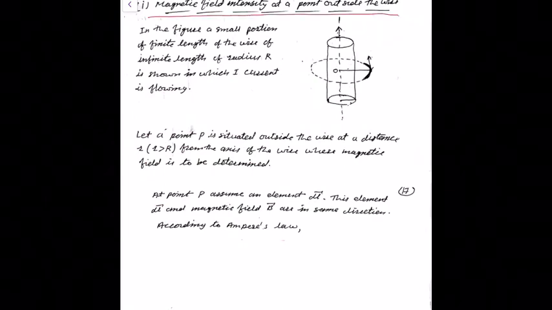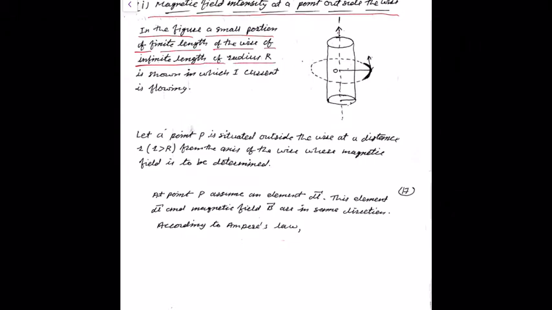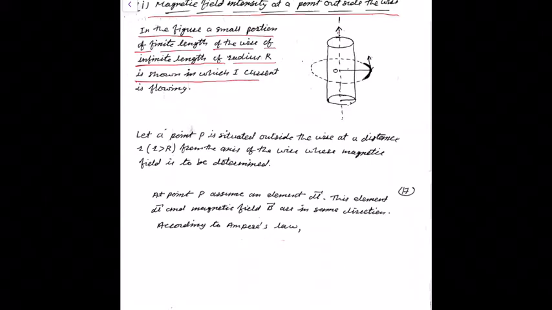First, magnetic field intensity at a point outside the wire. In the figure, a small portion of finite length of the wire of infinite length of radius capital R is shown, in which current I is flowing.